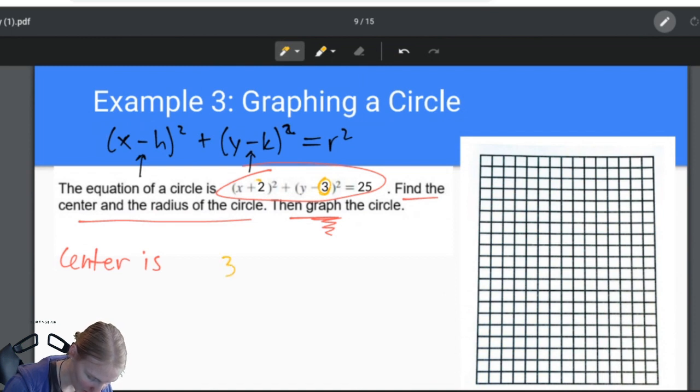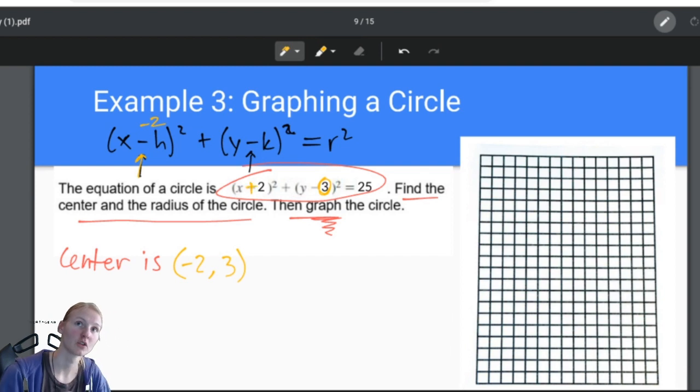And when I have +2 here, that's actually a -2. Because this negative right here, when I plug +2 in there, it would be x minus 2. But only if I put -2 in there does it become positive. So when you're going from the equation to finding the center and radius, you have to make sure that if it's positive, you take the negative, and if it's negative, you actually take a positive.